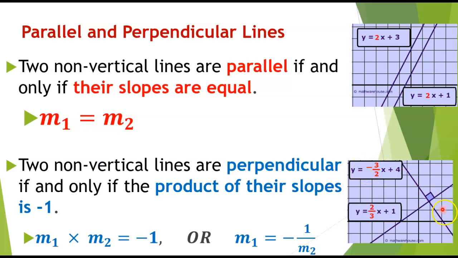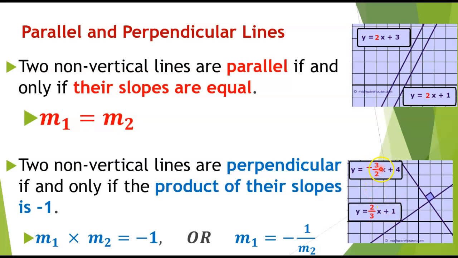Here, you see these two lines are perpendicular. When two lines are perpendicular, they form a 90-degree angle at the point where they intersect. Here you see the slope of one of the lines is -3/2 because it's coming down, a negative slope. Then the other slope is 2/3, it's going up.